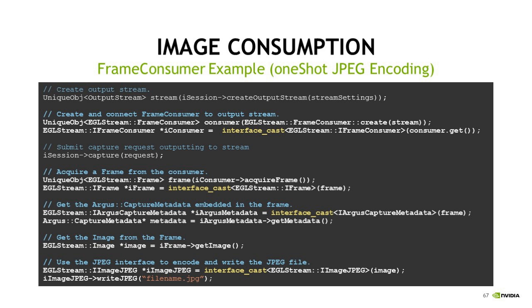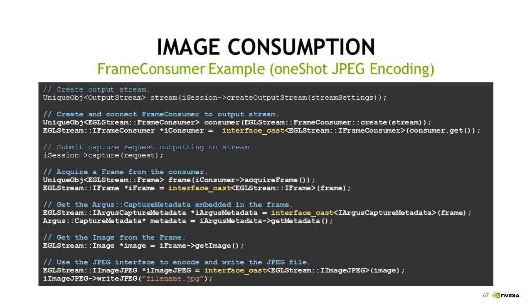We ignored the consumer components in our sample walkthrough earlier, so this example goes back to fill in those missing details. New additions are bolded. Starting with the Argus output stream, we first create and connect the frame consumer to this stream. After issuing the capture request to the session, we can then call acquire frame on the consumer in order to acquire the new frame. This is a blocking call and will return once the frame is available.